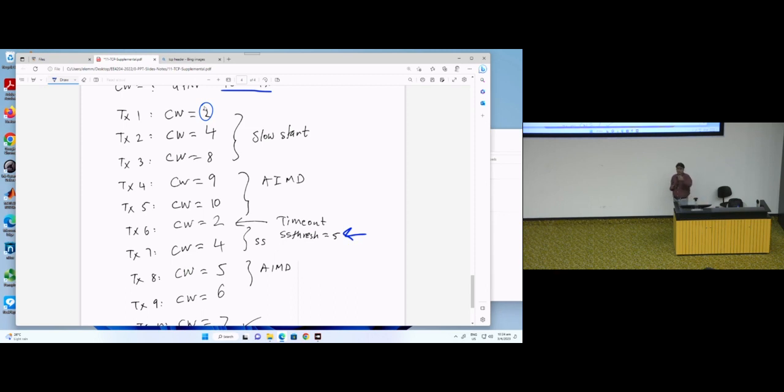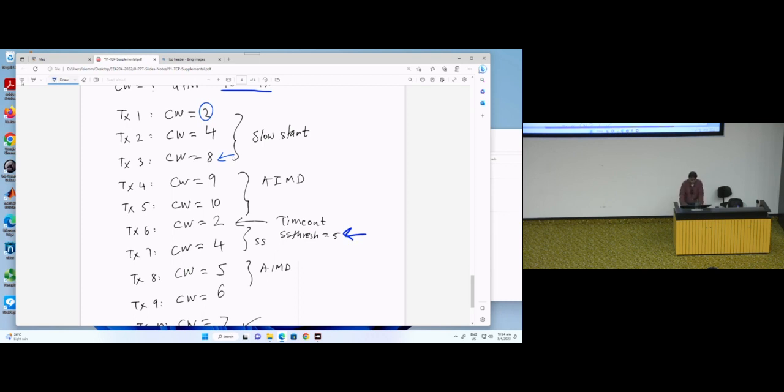Now, in slow start, we have exponential increase, so 2, 4, 8, 16. But we know the slow start threshold is 8. So slow start will end because my slow start threshold was 8. And after slow start, we go into AIMD, which is linear increase in congestion window.